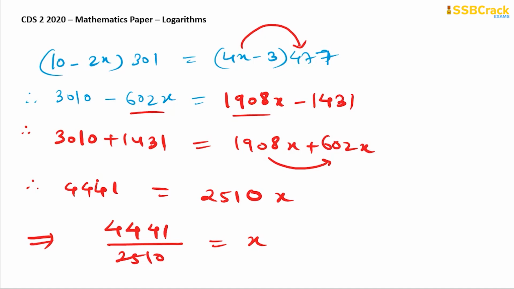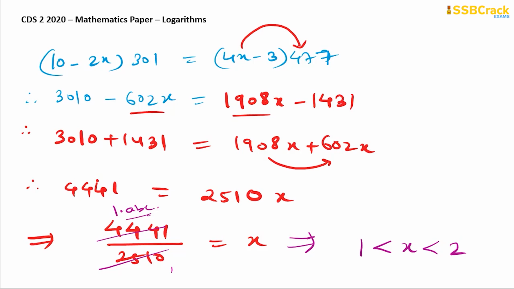Right. Now you notice here that we have 4441, which is greater than 2510. So it's obvious that this value will be 1.abc something. It will be above 1, but it cannot be above 2 because the double of 2510 will be above 5000, and here we have 4441. So it is very sure that the value of x, whatever we get, will be above 1 for sure, but it will be less than 2 for sure also.